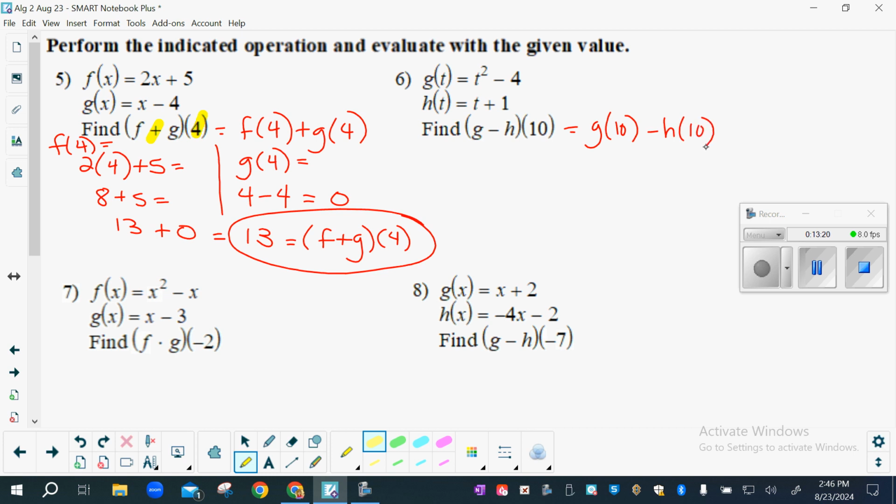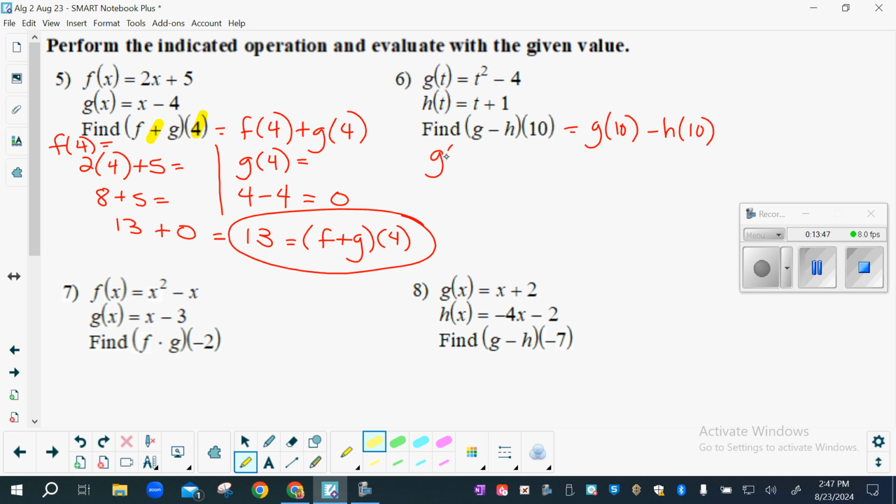So again, if we're doing it this way, we have to find the g of 10 first, then find the h of 10 and subtract. There's frequently mistakes on this one because students want to subtract before they find the answer. So find each one individually first and then subtract, because remember that with subtraction you're going to have to distribute if you don't find that first.